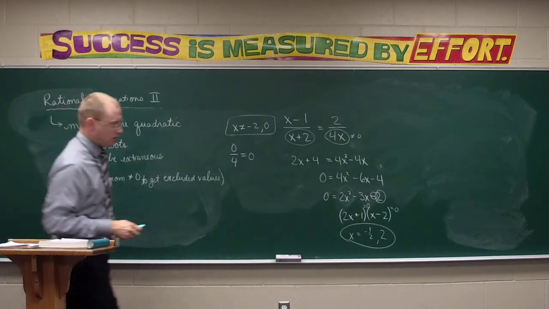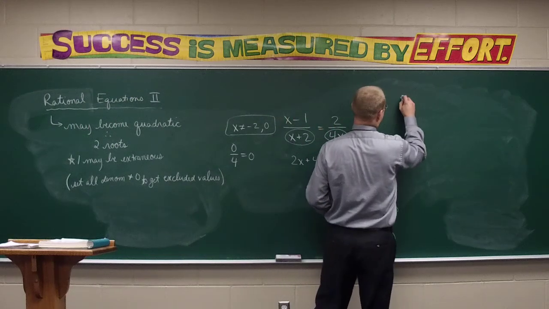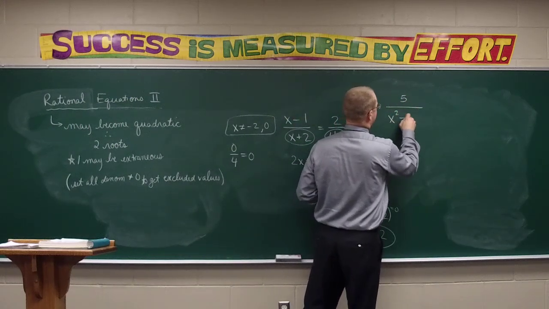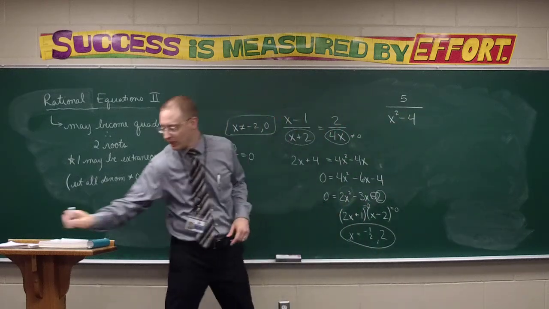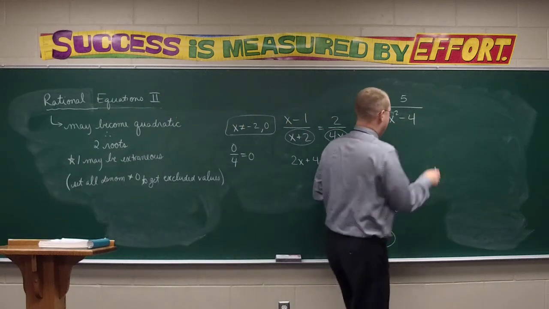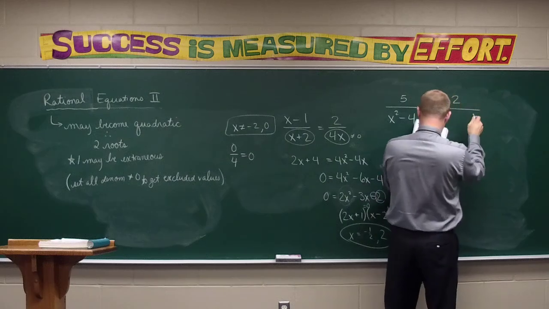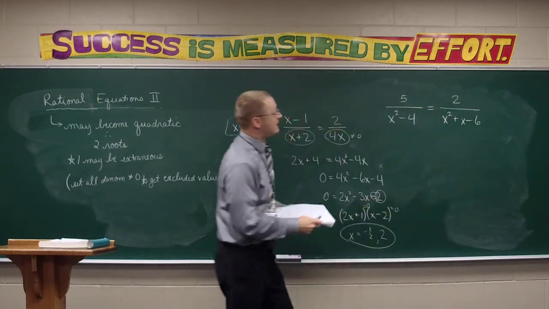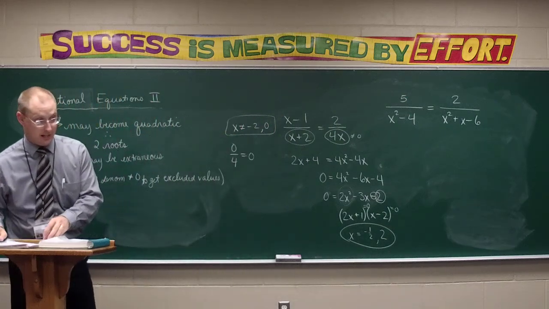Write this one down. Let's do another proportion. Let's do 5 over x squared negative 4, and let's say that that's equal to 2 over, let's go with x squared positive x negative 6. Now here, I can already see that it's quadratic. Would you agree?